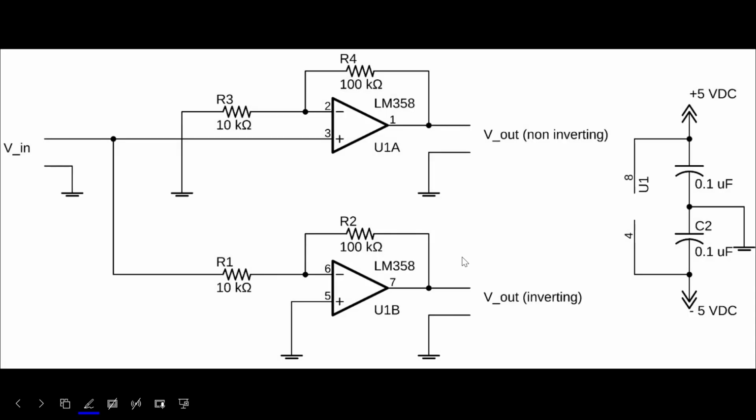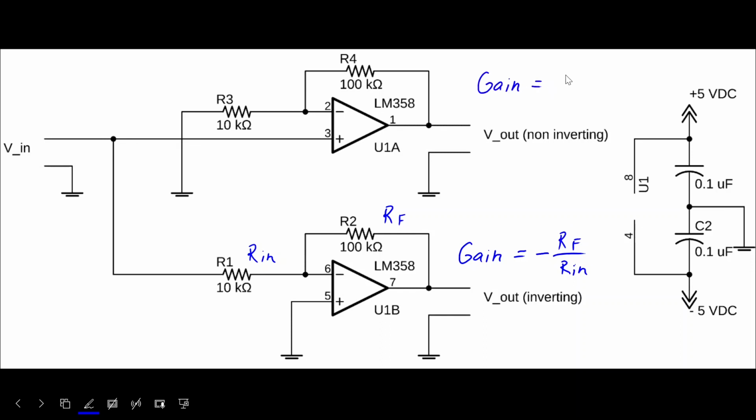You'll recall that the gain for the inverting amplifier was defined as negative RF over Rin, where this was the feedback resistor, RF, and this was Rin. The non-inverting amplifier has a slightly modified equation.